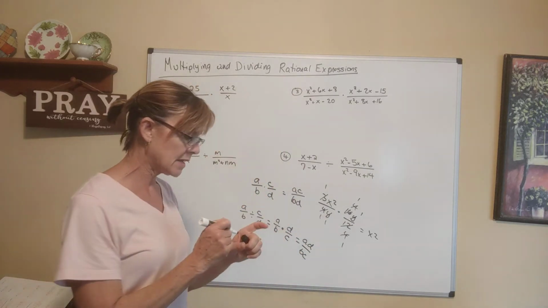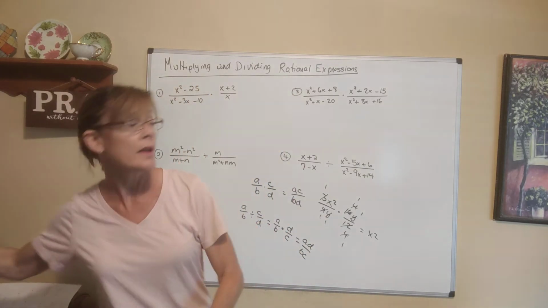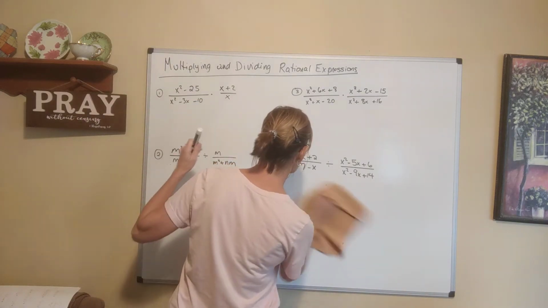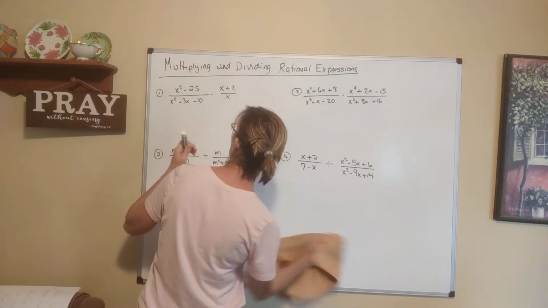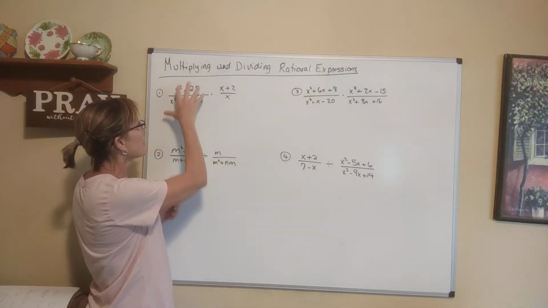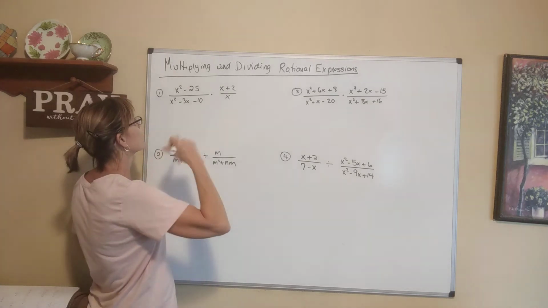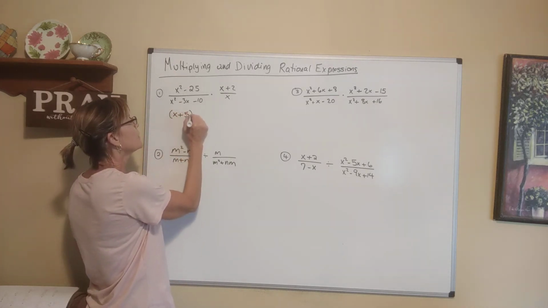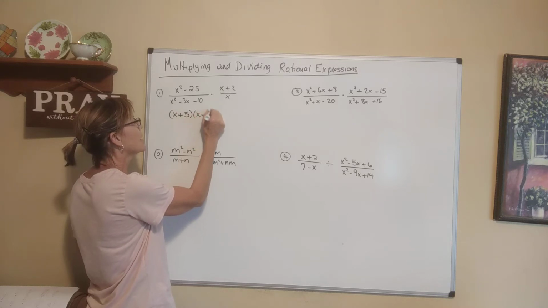All right, let's begin. Here, number 1, we have x squared minus 25 over x squared minus 3x minus 10 times x plus 2 over x. Factor anything you can factor. So the numerator will factor into x plus 5 times x minus 5.